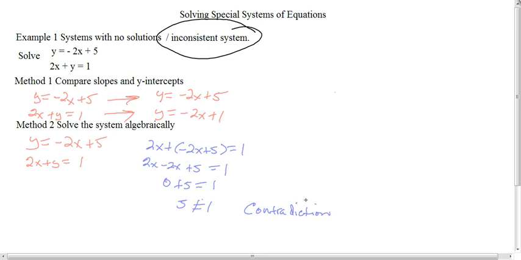False equation, and it's also a contradiction. So what's that telling us? That is telling us that there is no solution. Again, what we found out up here, that there is no solution.